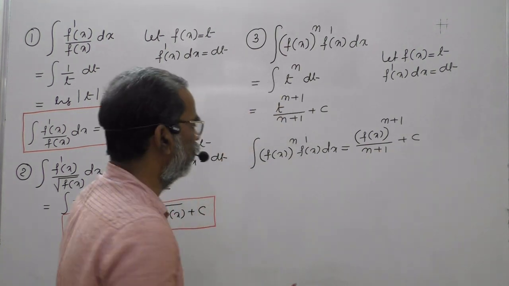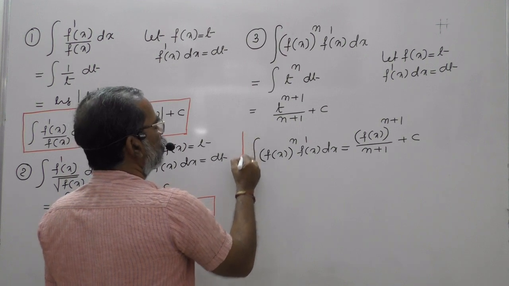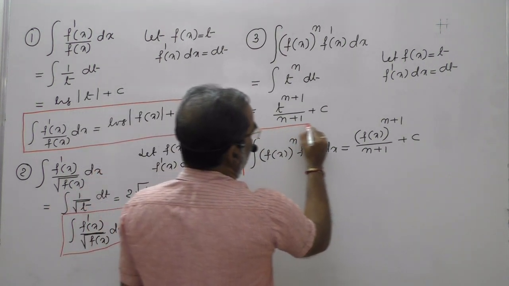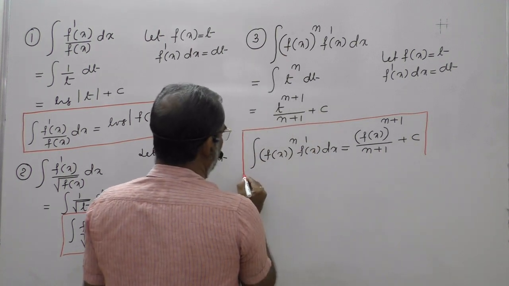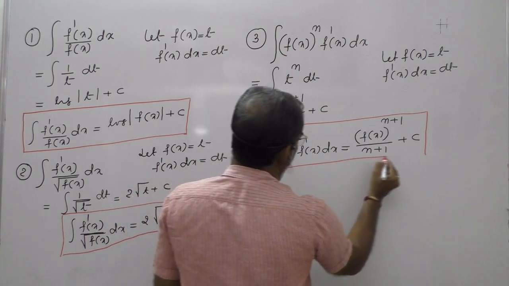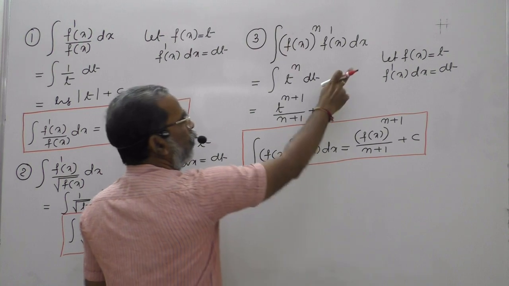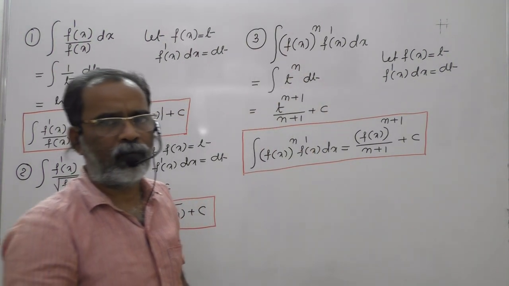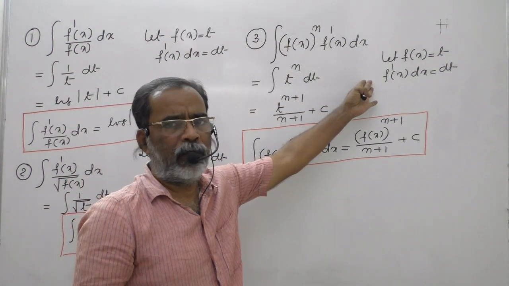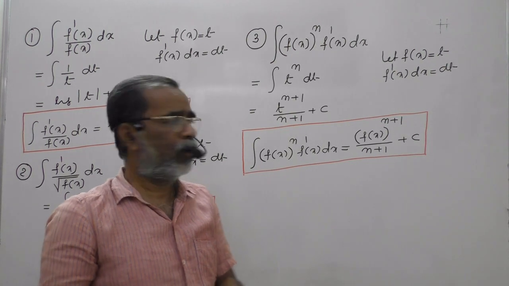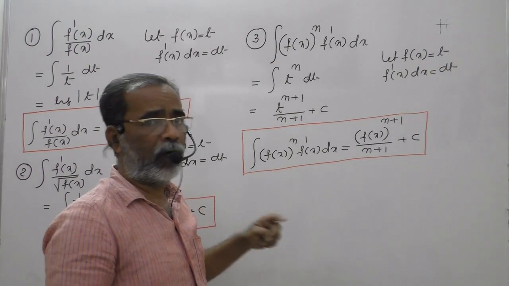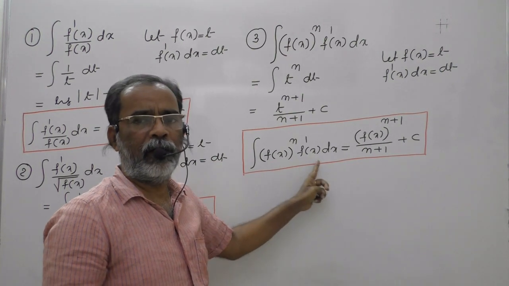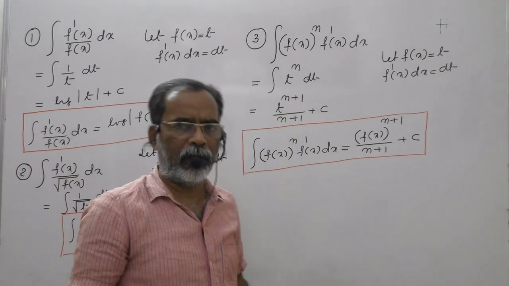This is another formula. This is also obtained from substitution only. It is not compulsory to use this. You can use substitution, or if you are able to identify that the given problem is exactly of this type, directly you can use this.